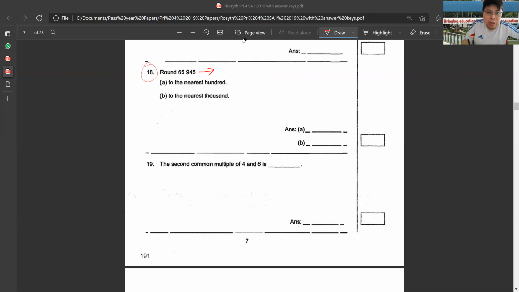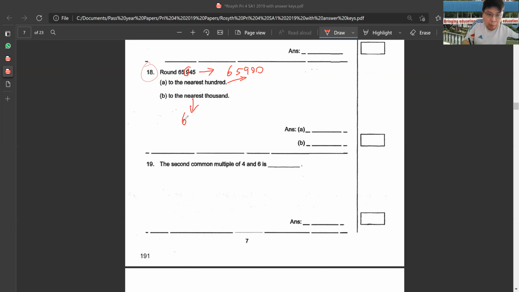If it's nearest 1,000, which number should you look at? You should look at the number 9 for nearest 1,000.